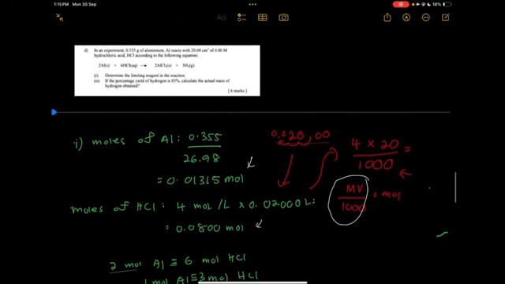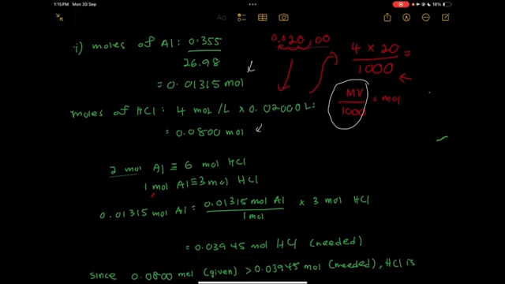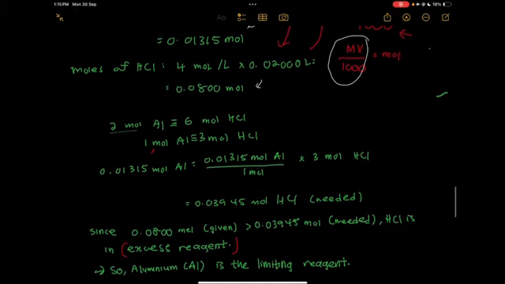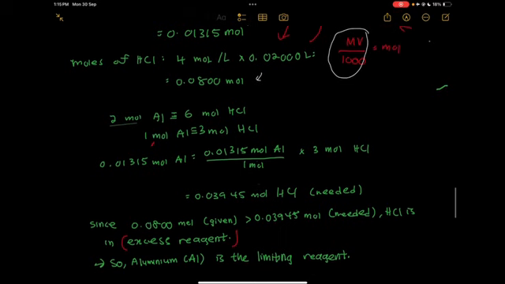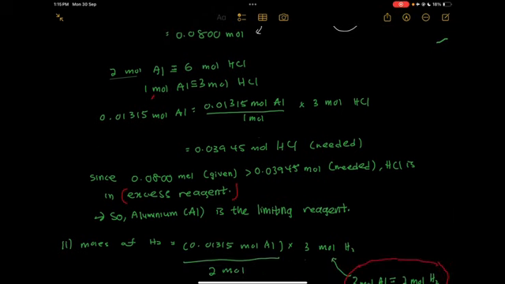So we get the mole for Al and HCl. So we can use the ratio, or stoichiometry. We want to find the mole of HCl needed: 0.01315 mole aluminium divided by 1 mole multiplied by 3 mole HCl.